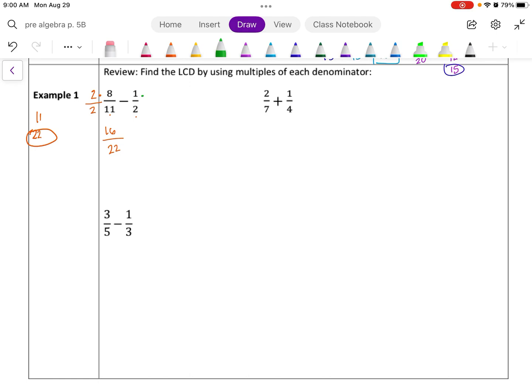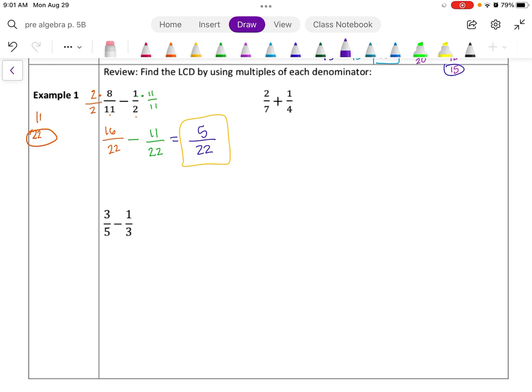And then we're going to take 1/2 and multiply it by 11/11. 1 times 11 is 11. 2 times 11 is 22. So now we have 16/22 minus 11/22. Now that they have a common denominator, all we need to think about is what's 16 minus 11. Well, 16 minus 11 is 5. So 5/22 is our final answer.